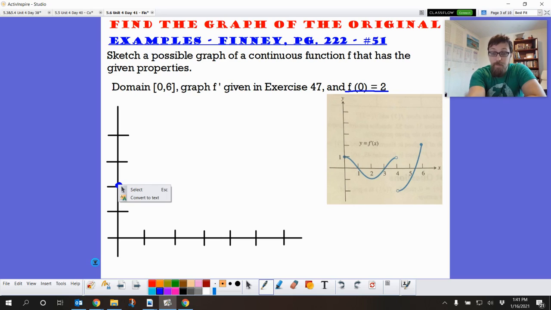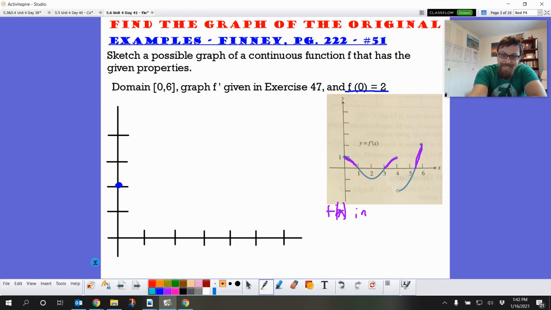Now, the diagram that we have is the graph of our derivative. So we know that f of x is going to increase here and here, because that's where our derivative is positive. We're also going to be increasing on this interval, from about 5.5 and onwards.